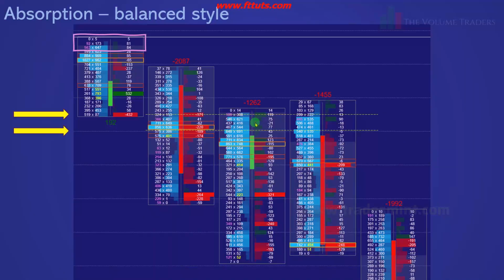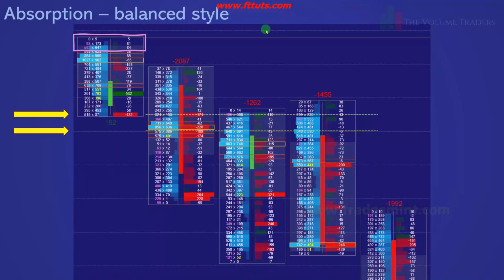So, stop loss. Again, I started the sentence with so. Stop loss should be above the absorption, here. It's 4 points again. Let's say 4 points is the maximum for me on ES to find a really safe setup, because with 5 or more, the 2R is not really achievable.